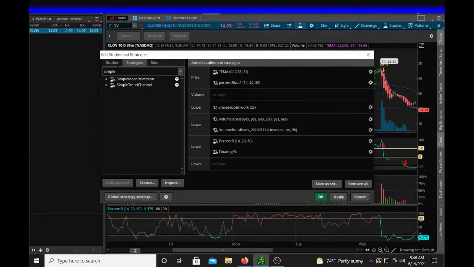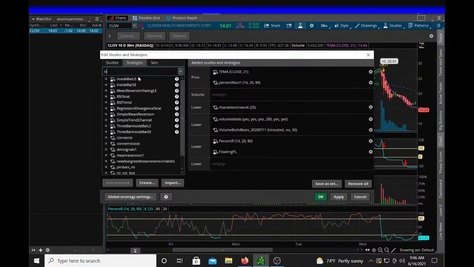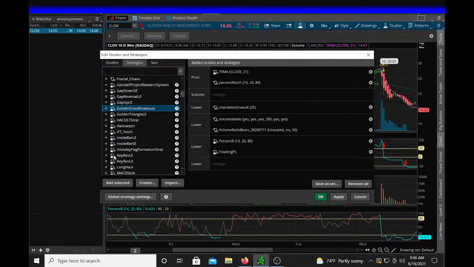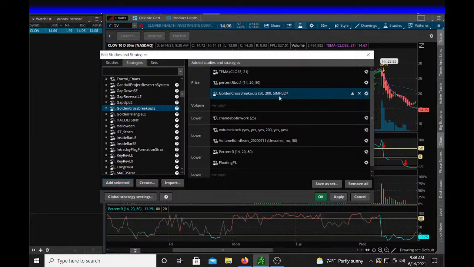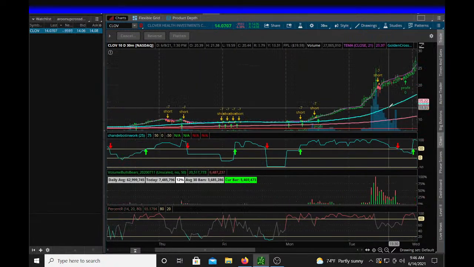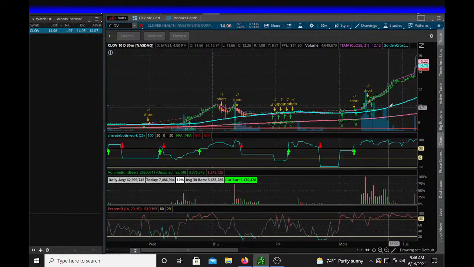Nah, that's not what I want. Golden cross breakouts. Sure, let's go with that. All right, so that's a 50 and a 200. We'll hit apply, and we can see these golden cross breakouts.